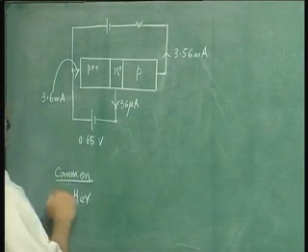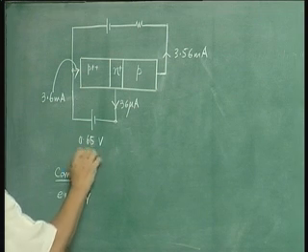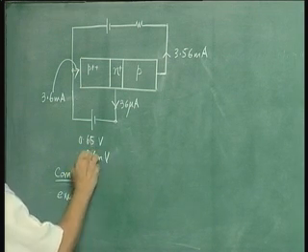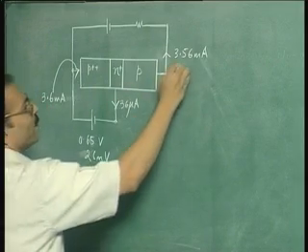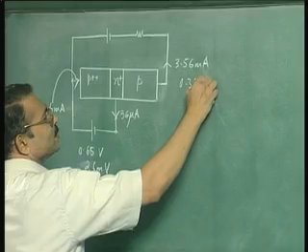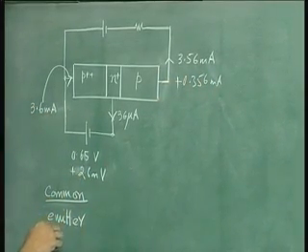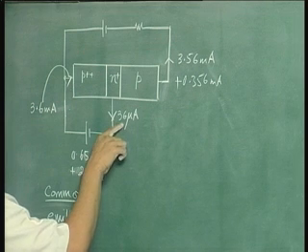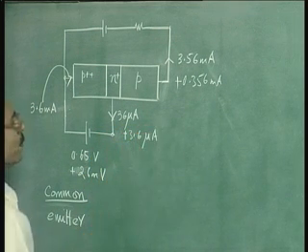However, now when you make a change of 0.026 volt, 2.6 millivolts here, you will get a change of 0.356 milliamperes here, and there will be a change of 3.6 microamps here.